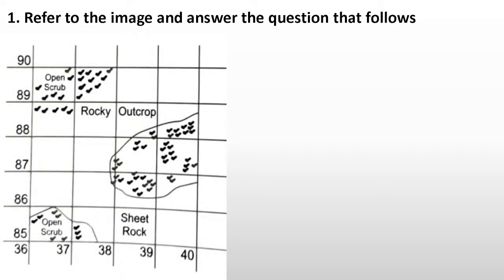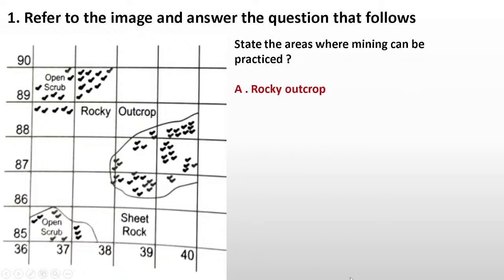This is the image. You can have a close, good look at the image and then answer the question, that is, state the areas where mining can be practiced. Look at the image given beside and think of the areas where mining can be practiced. Your options are A. Rocky outcrop, B. Stony waste, C. Sheet rock, D. All of the above.